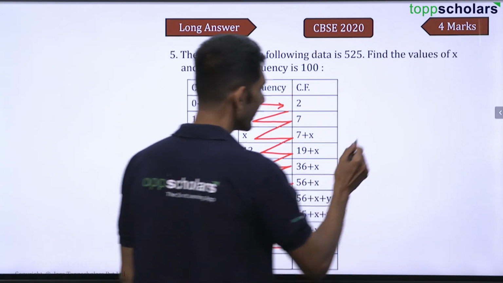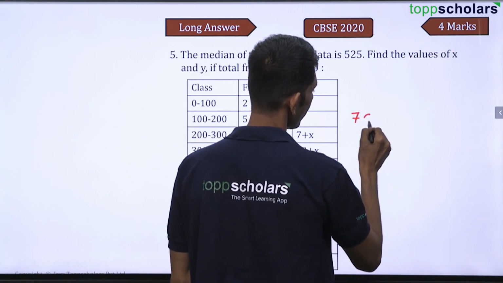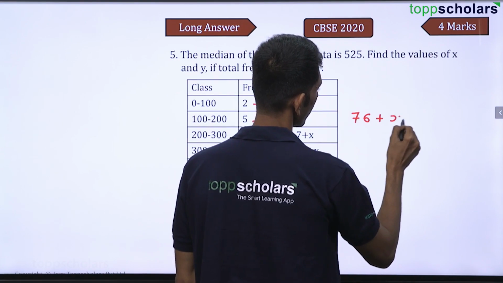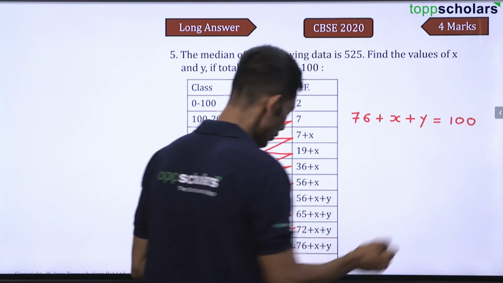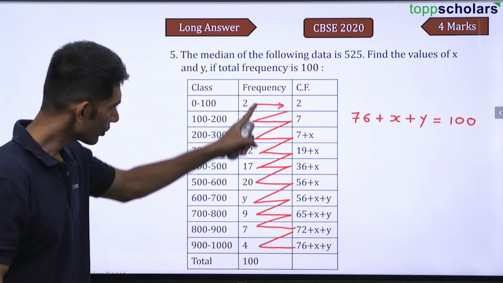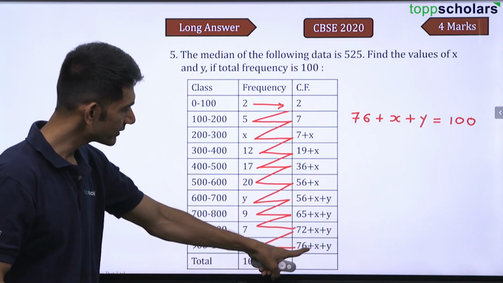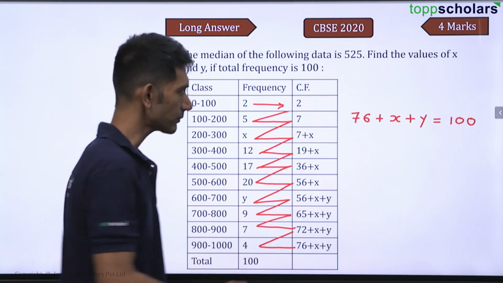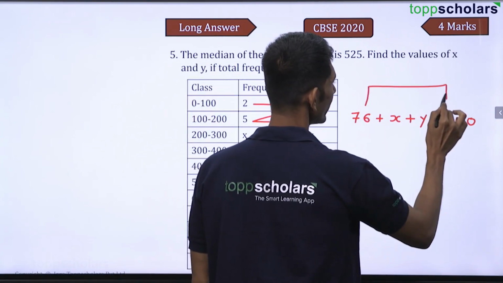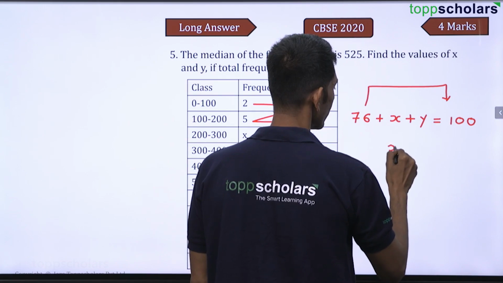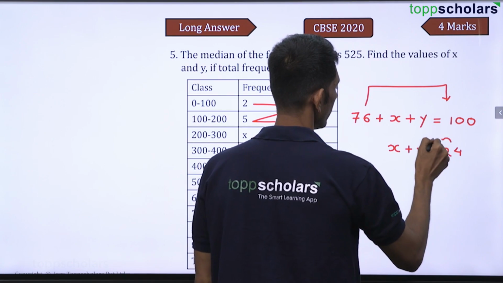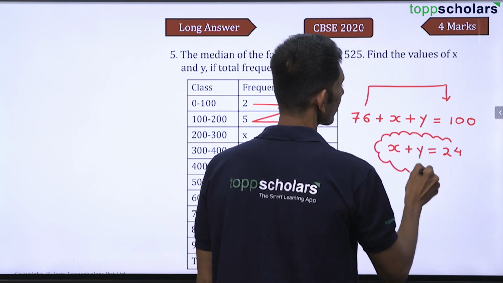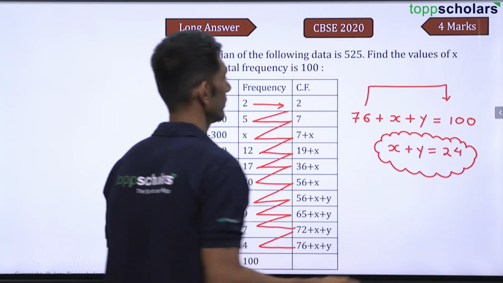So can I say we get 76 plus x plus y is equal to 100, because total is anyways 100, no? So this is anyways the total only. So this and this will be equal. So 76 goes on the other side and you get x plus y is equal to 24. So you can keep this aside because we are going to use it later.